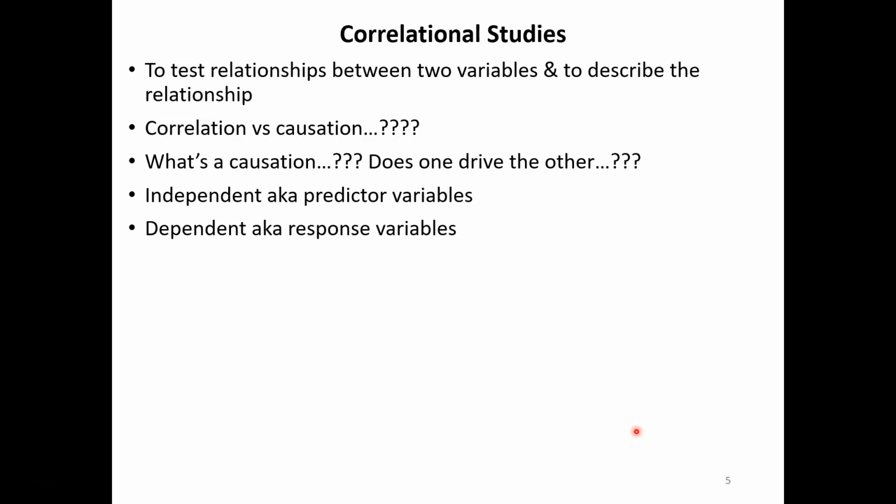In other words, variables A and B might nicely correlate with each other, but you cannot say that variable A drives variable B. That's what I meant by causation: one variable drives the other. Correlation is when one variable increases, the other decreases, or when one variable increases, the other increases. That's correlation.